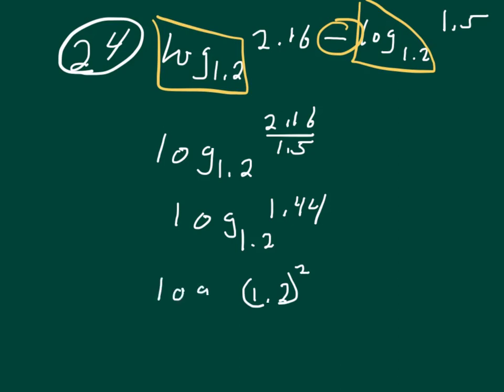So you have log base 1.2 of 1.2 squared. Now you've manipulated it. It logs out, leaving me with an answer of 2. And that covers number 24. 2 more to go.